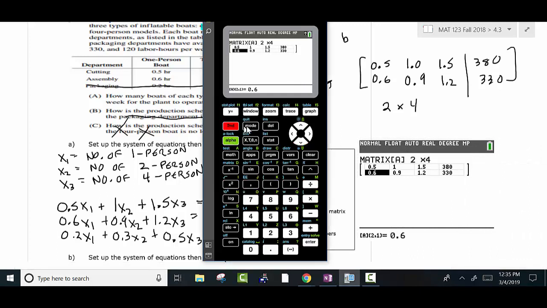So I go quit to get to a clear screen. Then I go back to the matrix menu. I go to math, and then I do the reduced row echelon form. But this time I'm going to put matrix B in. I'm going to go to matrix, highlight the B, and ultimately after you do all that, that's your ultimate goal always. So let's see what comes out.